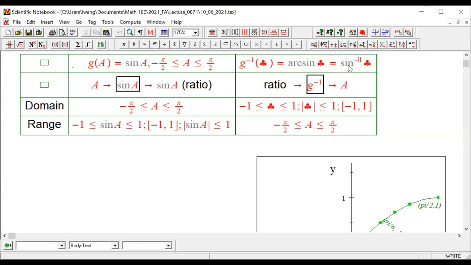Because people tend to think that this is the inverse of the sine we used to know. No, this is the inverse to the sine of this guy. But after the inverse function is introduced, this guy is rarely used.